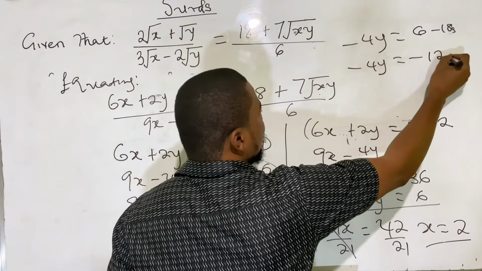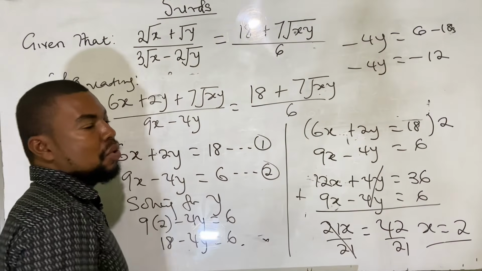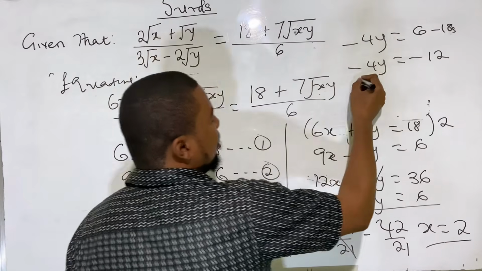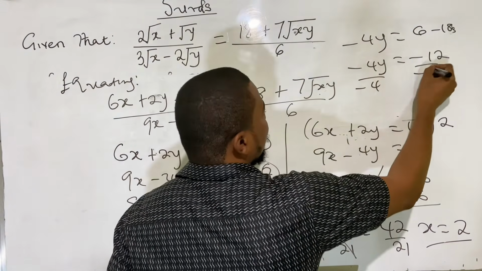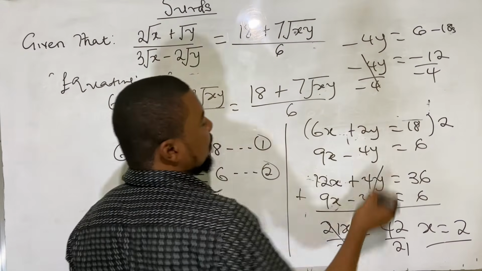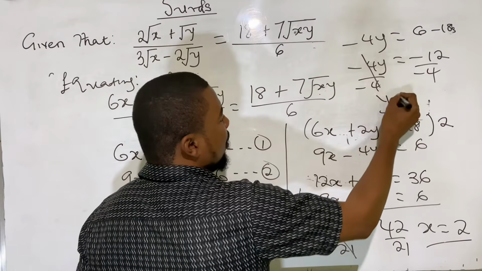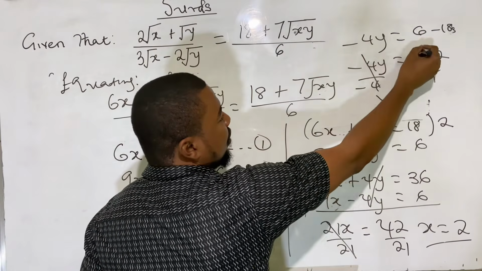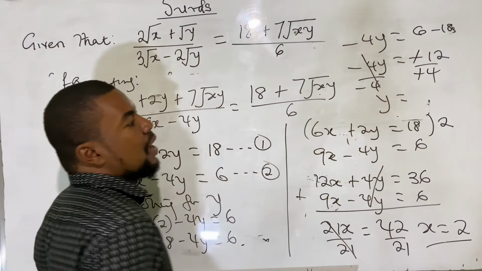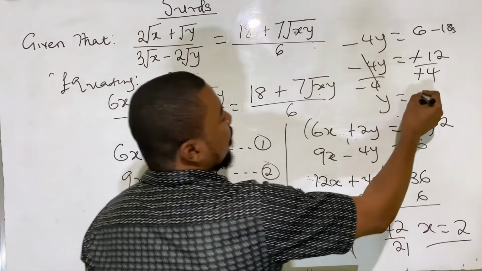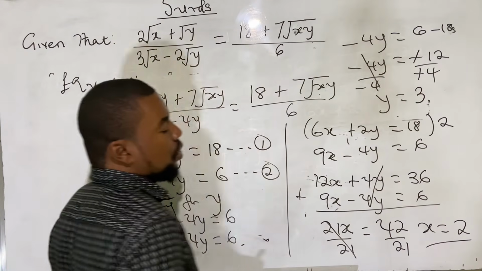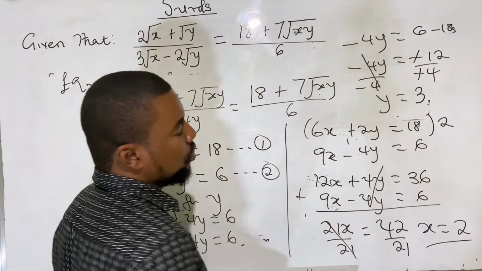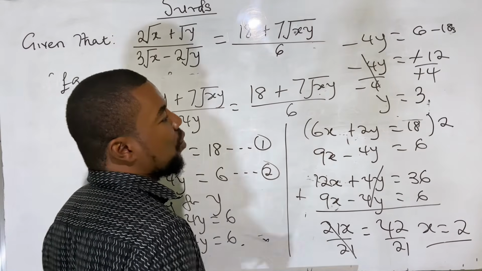So for y, what do we do? Divide both sides by negative 4. The negatives cancel out. We now have that y is equal to 12 divided by 4, which equals 3. So this means that x equals 2 and y equals 3.